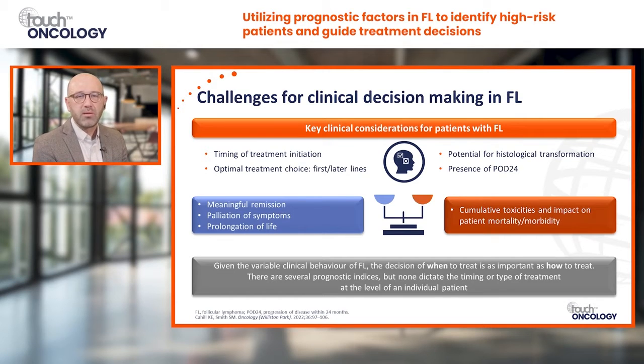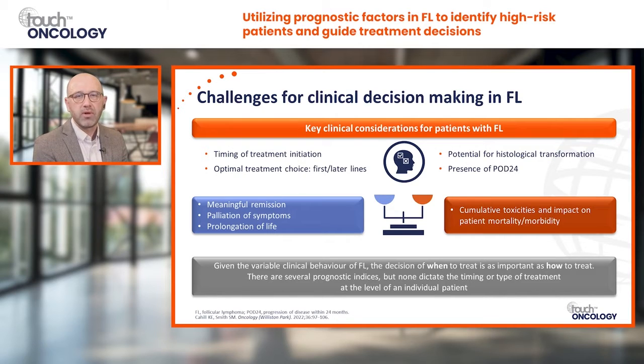When we consider therapy, there's some particular considerations in terms of balancing things like meaningful remissions, palliating patients' symptoms, and of course prolonging their life, but at the same time balancing that among the cumulative toxicities of therapy and the potential impact of those toxicities on mortality and morbidity.